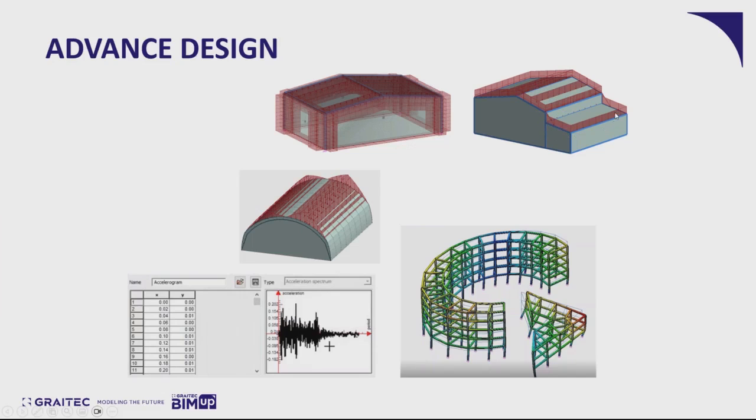It can even automatically detect the drop downs, and it will create your snow drift loads. We also have full seismic analysis and time history analysis in Advance Design, as well as very strong modeling tools, so you can create very complicated structures.